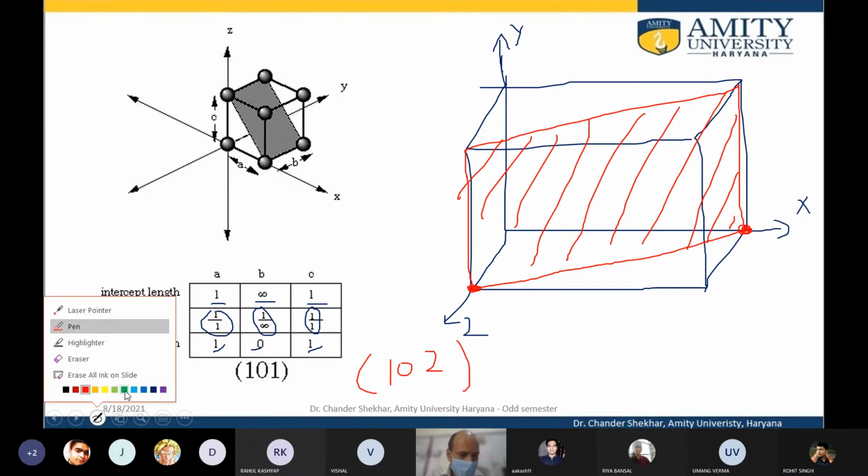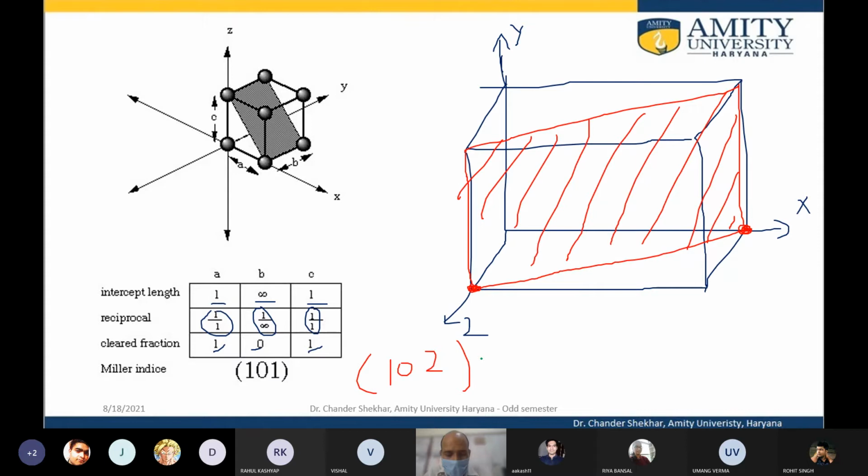In that case, the points along x and y remain the same. Along the z-axis it is 2, so it divides the axis into 2 equal parts. Again it is parallel to the y-axis. So this plane is something like this.